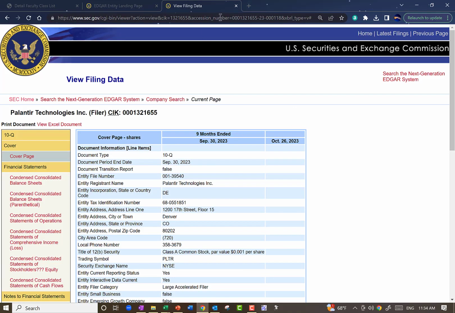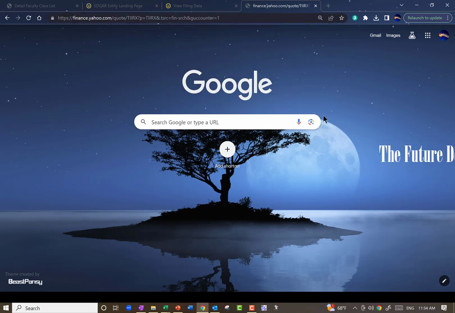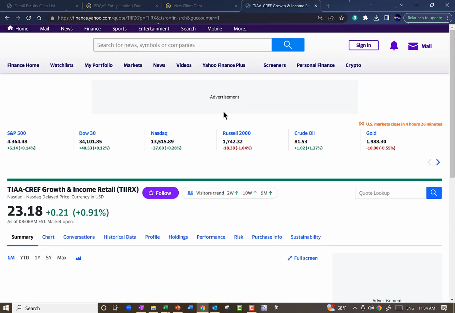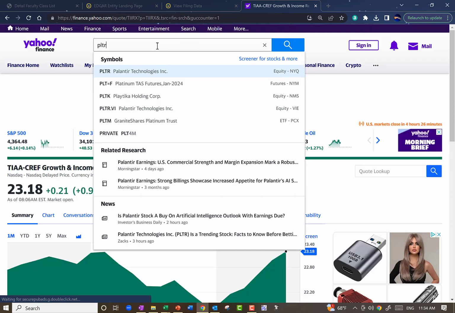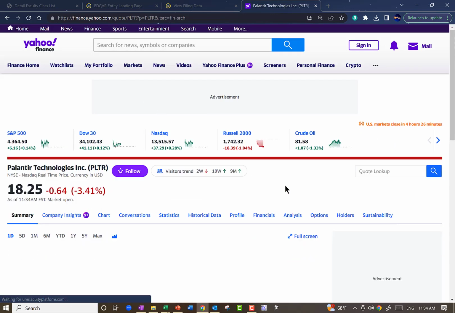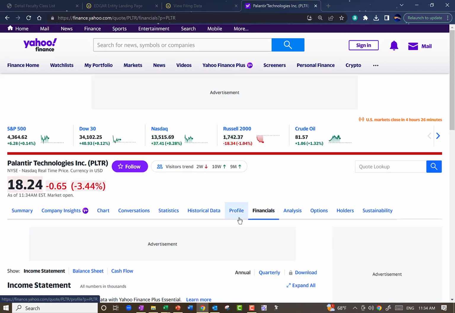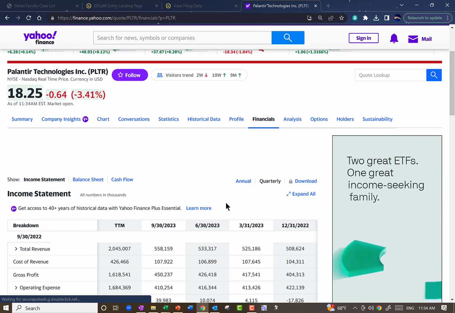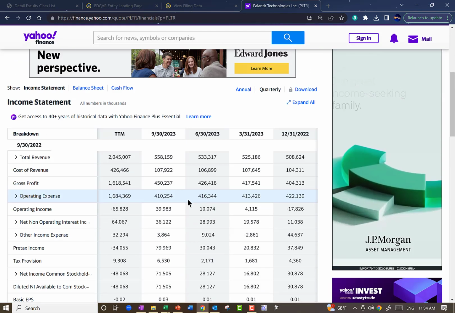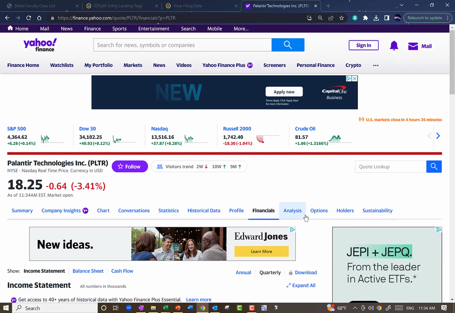Let's actually look at the Yahoo numbers, see if they are indeed the same or similar. Because I have no idea how Yahoo calculates it. That's one of the reasons I want to use the actual source numbers. Let's look at the balance sheet.